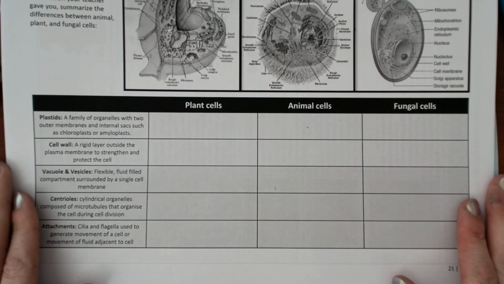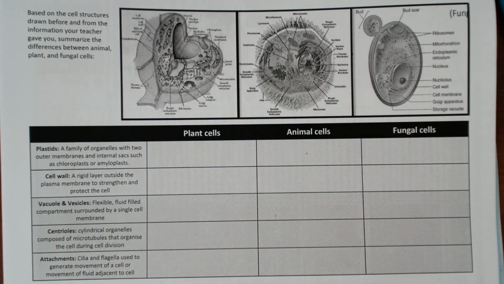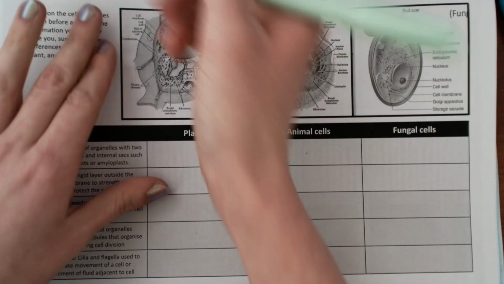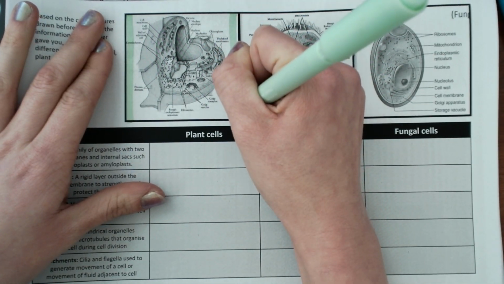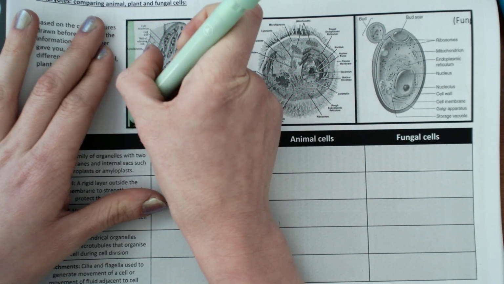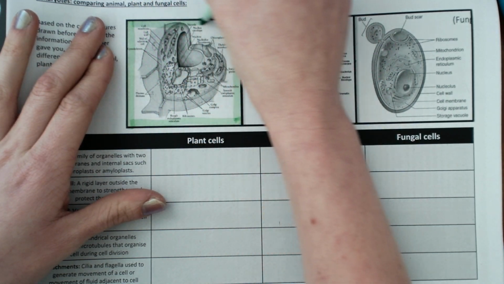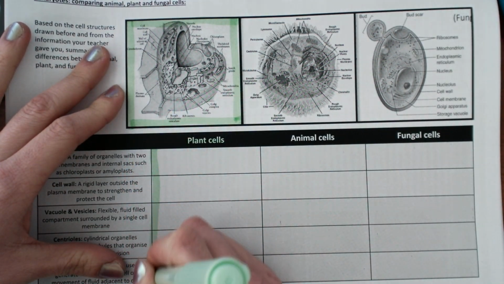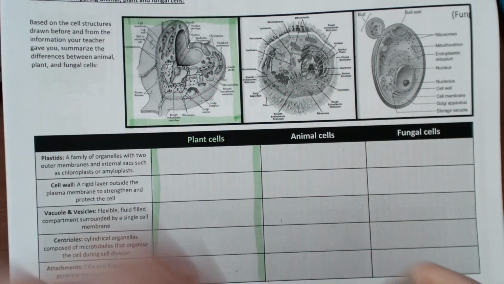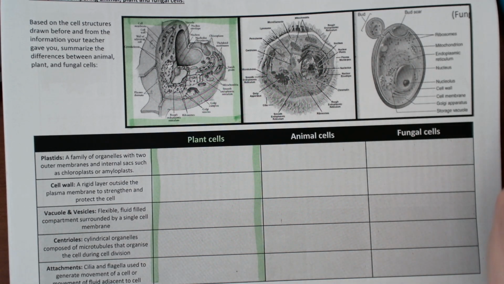Okay. Flippy flip. And so now just to break down general similarities and differences. Let's make it fun. So here's the plant cell. Animal cells, I always feel like are pink or red because flesh.